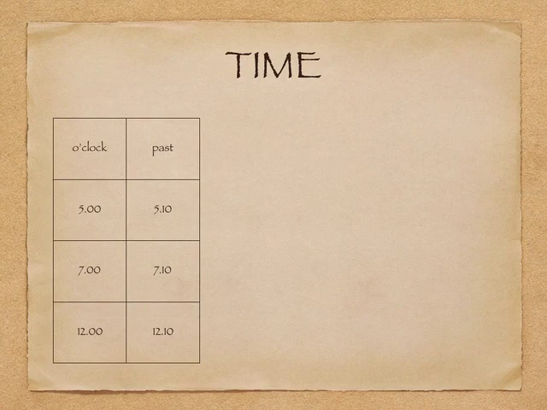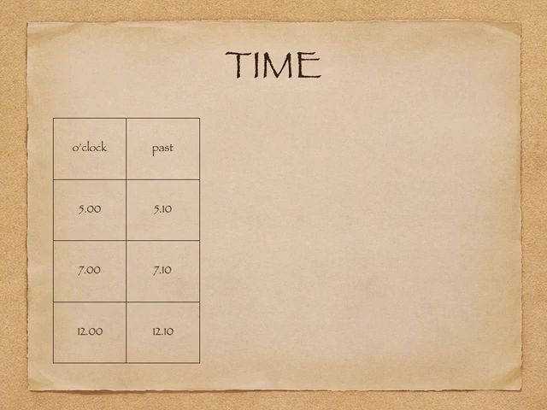Next, 10 past 12. Okay, that's how we say these times in English. So you say the minutes first and then the hour. So 10 minutes past 5. So 10 past 5, 10 past 7, 10 past 12.